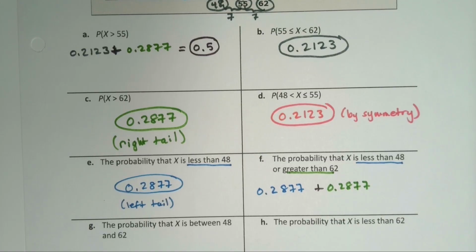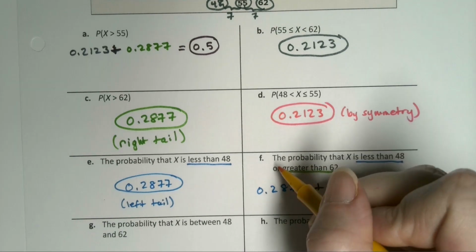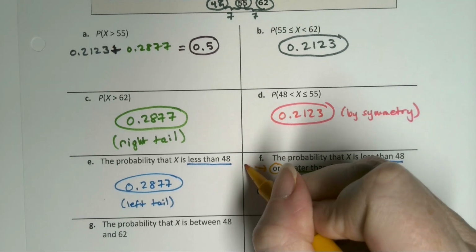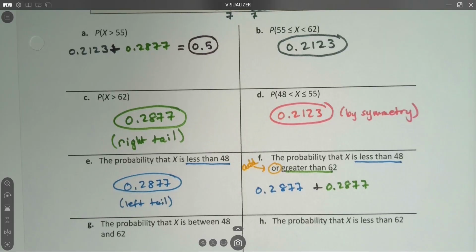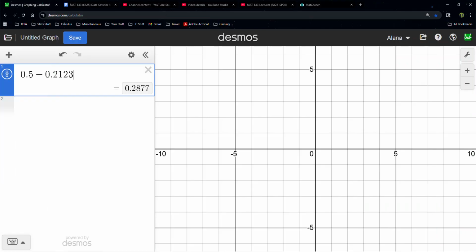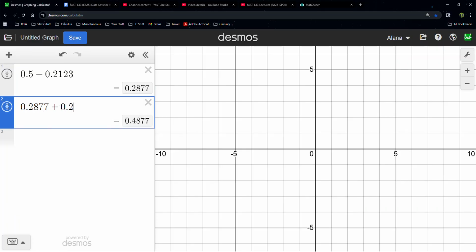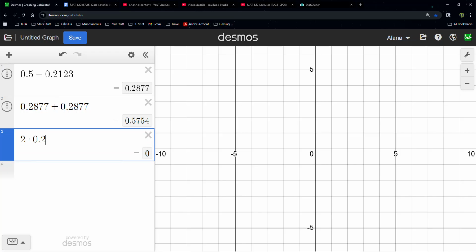So we need to add those two up, right? We learned in chapter 5 that OR means add. Technically, we actually had it in chapter 2. We had it a long time ago. So we need 0.2877 plus 0.2877. Or if you will, it's 2 times 0.2877. That's what multiplication is. So 0.5754.